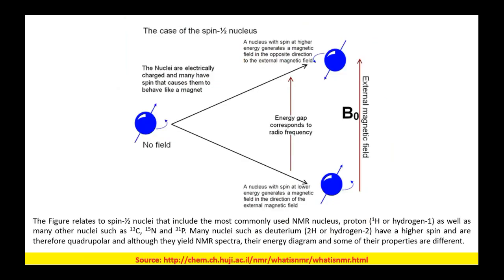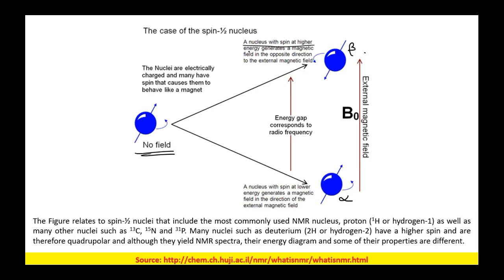In short, when there is no field, there will be no spin states. However, as we go on increasing the external magnetic field, there will be two states. The lower one will be the alpha state and the higher one will be the beta state.